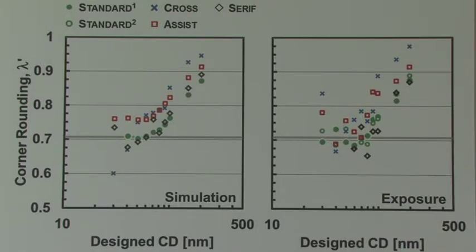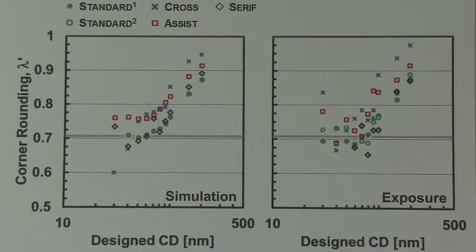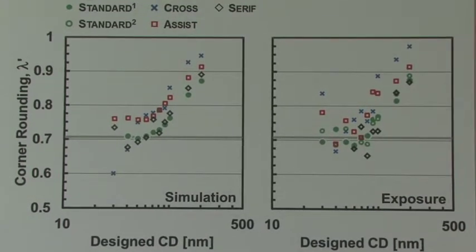As you can see, the left and right graphs were quite in accordance with each other, and the green standard correction also has certain capabilities for corner rounding corrections compared with the others, such as assist and serif corrections. Among the four corrections, the cross correction has better performance than the other three, and it starts losing its capabilities from the design CD of 90 nanometers.